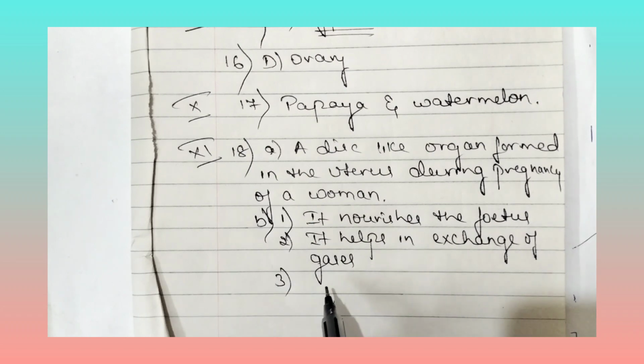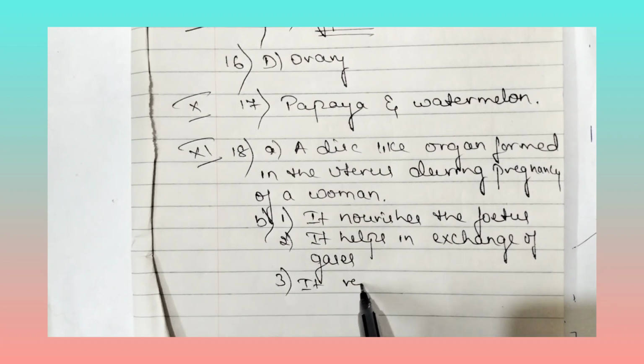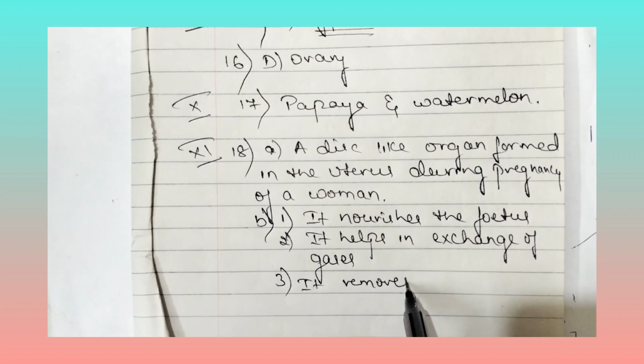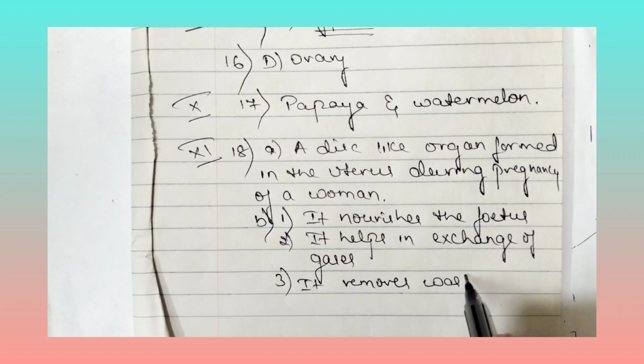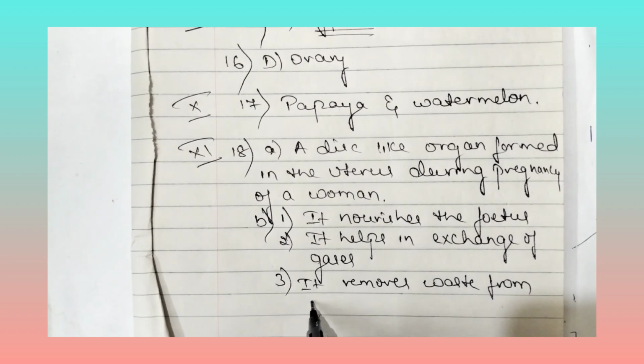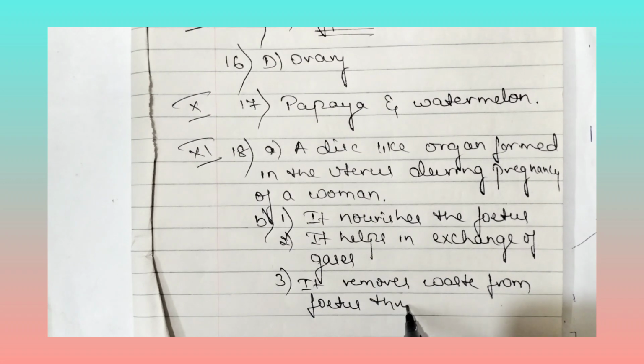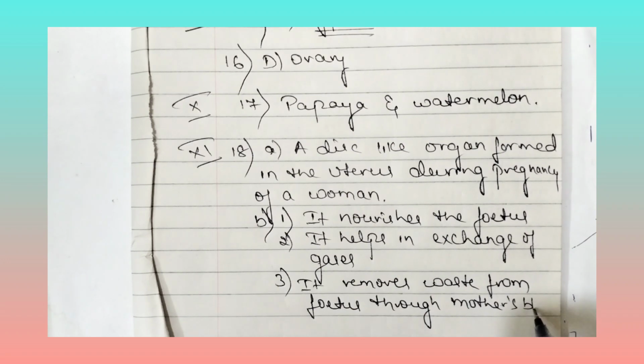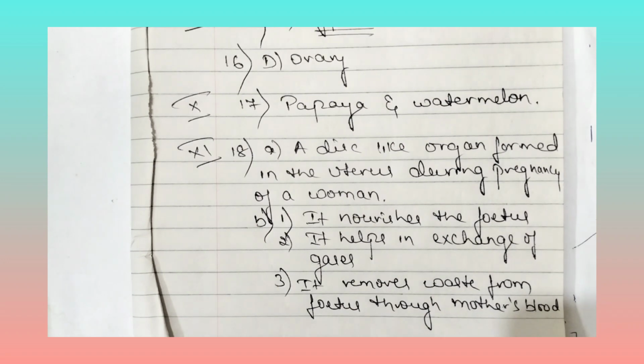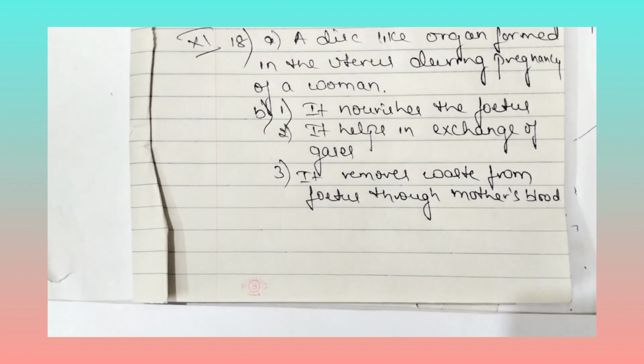And the third function of placenta is, it removes waste from the fetus through the mother's blood. So this is the answer for the 18th one.